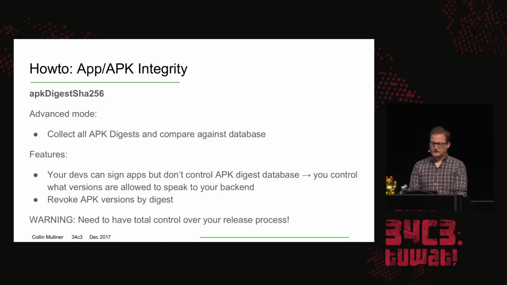You probably modified your app, but in reality, maybe you just forgot to collect the data. So you have to have very tight control over your release process, but you can do cool stuff like revoke specific APK versions at this very early part in the communication with your server by just deleting that specific digest from your database, and then SafetyNet will basically block this APK for you.